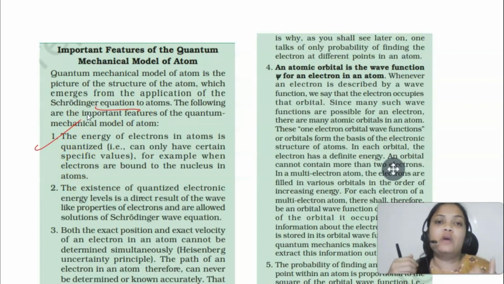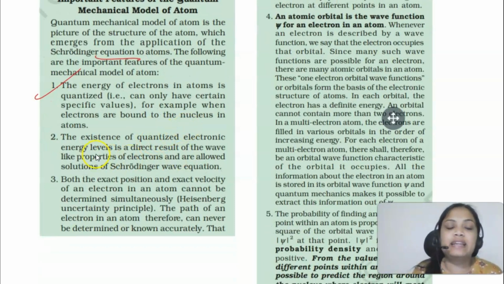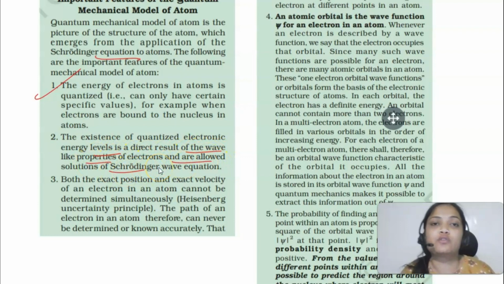Again, we know quantized means it can have only certain specific values. Then, the existence of quantized electronic energy levels is a direct result of the wave-like properties of the electron. We have discussed that electrons show not only particle-like but also wave-like properties, and because of the wave-like properties we have these quantized energy levels.